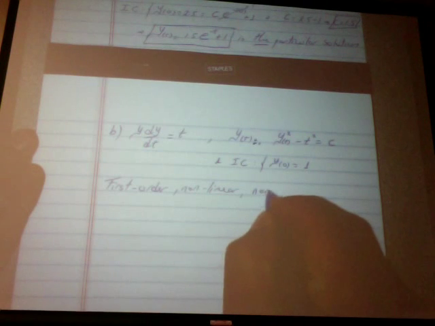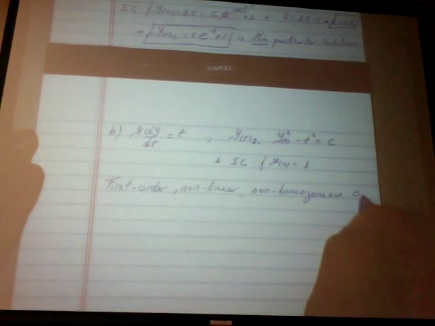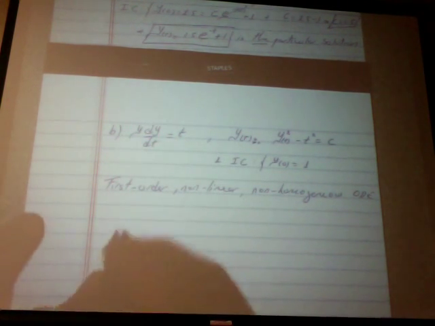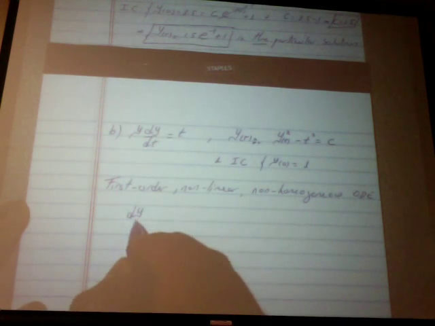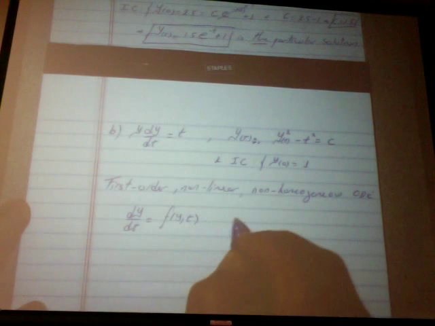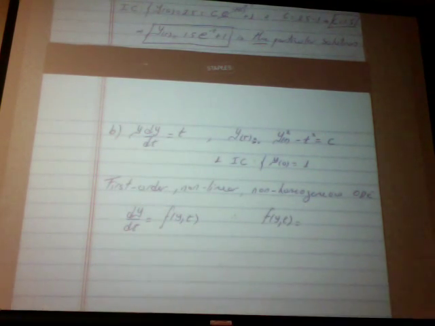Well, we can say that this is a non-homogeneous ODE, because the function on the right-hand side, the independent term, is different than 0. So we can rewrite this in the general form, dy dt is equal to f of y and t, such that f of y and t is what?